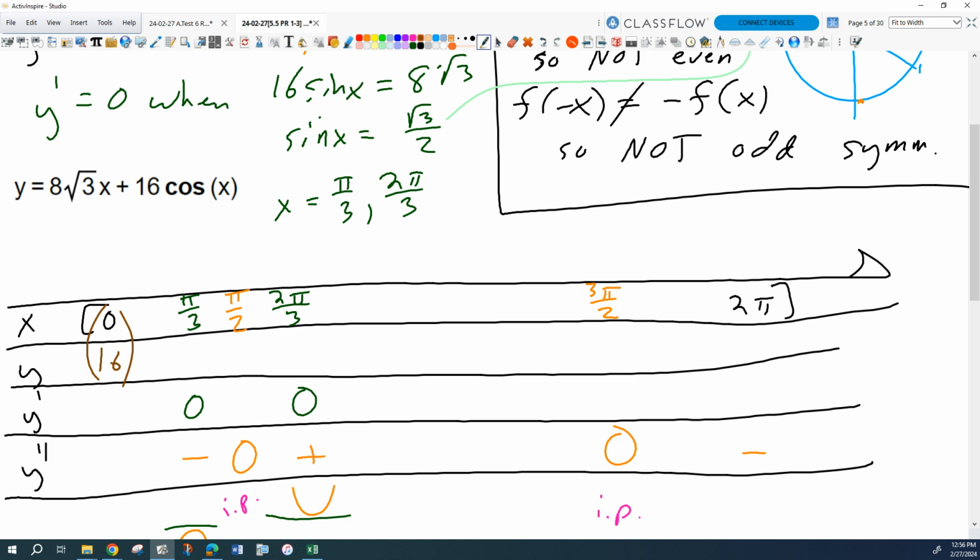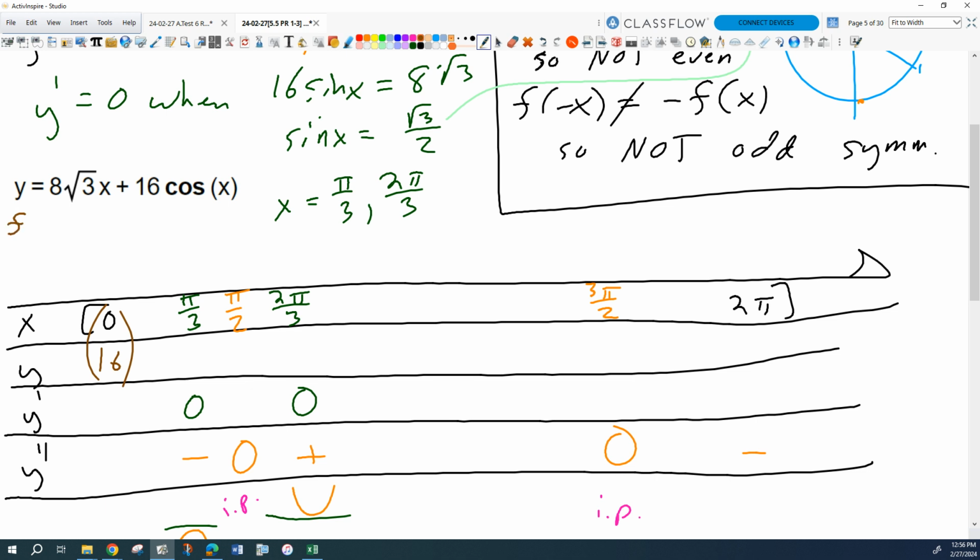Cosine of pi thirds is, well, that's going to be kind of an ugly one, isn't it? We'll just make that a decimal. I think they want it non-decimal. Are you sure? That's what they told me last time I did this. Okay, well, we can make it a non-decimal.